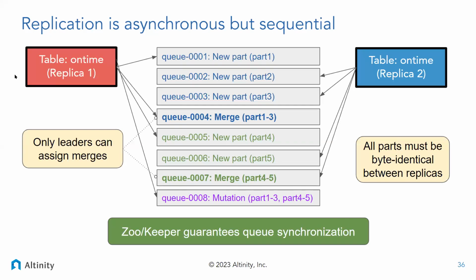And one of the key roles that Zookeeper or ClickHouse Keeper plays is to maintain that queue that everybody agrees on, that this is the order of fetching parts. So as we insert things, they will be added to the queue as new parts.